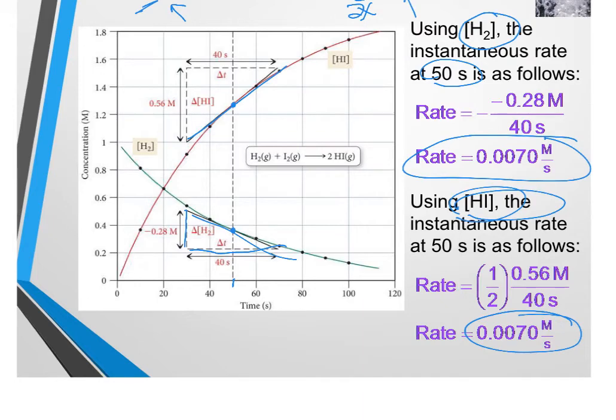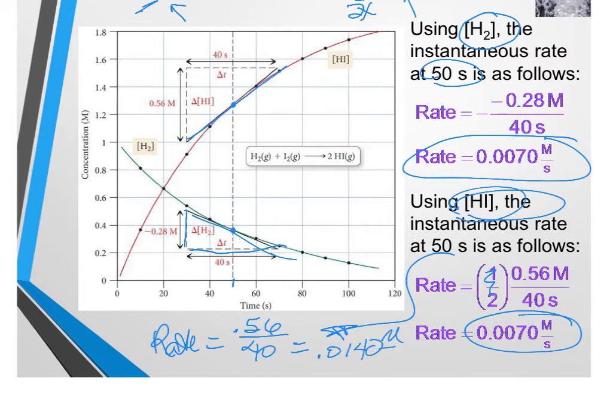I just noticed I left a step off here, so let's do this. As you can see, the rate with respect to hydrogen iodide at 50 seconds, I'm going to ignore that to begin with, is 0.56 divided by 40. And so that is 0.0140 molarity per second.